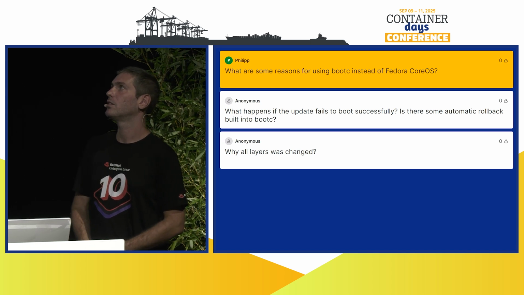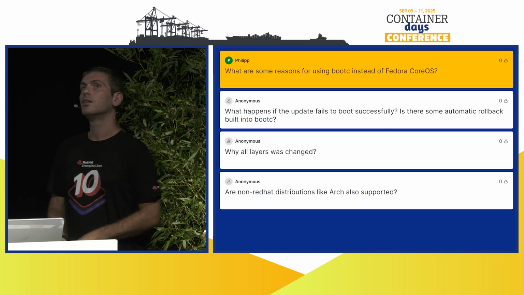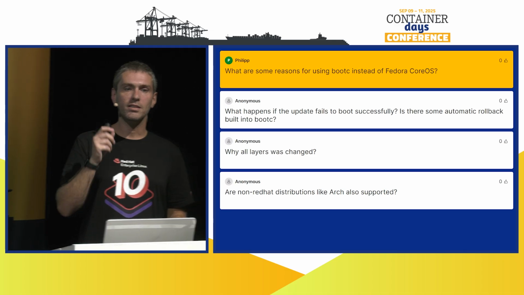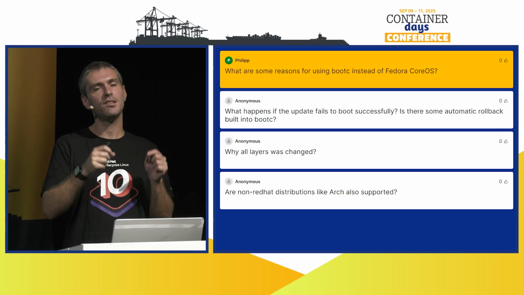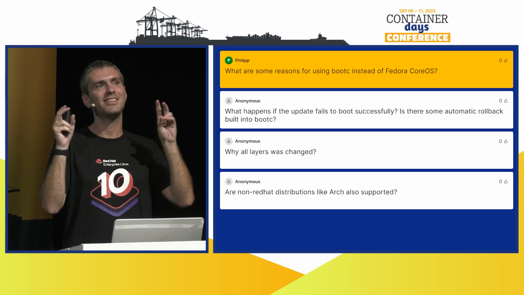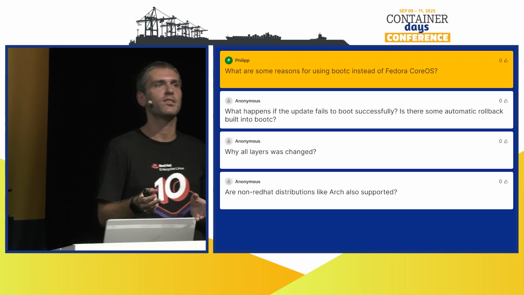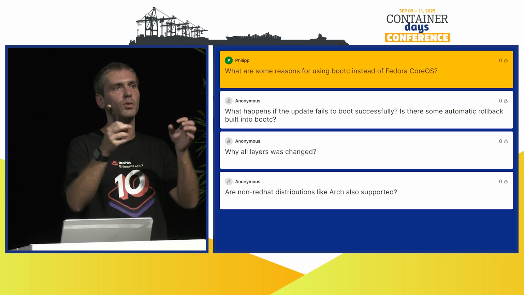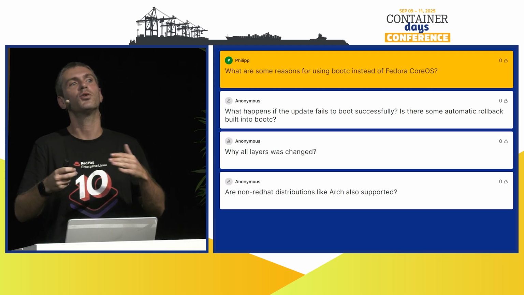Another question, what are some reasons for using bootc instead of Fedora CoreOS? This is another great question. The difference between the bootc container and Fedora CoreOS is about the use cases that you have. While Fedora CoreOS was always dedicated to containerized operating systems, with bootable containers, you have a fully functional operating system that you don't need any external configuration for, you don't need Butane for the configuration, you don't need anything more.